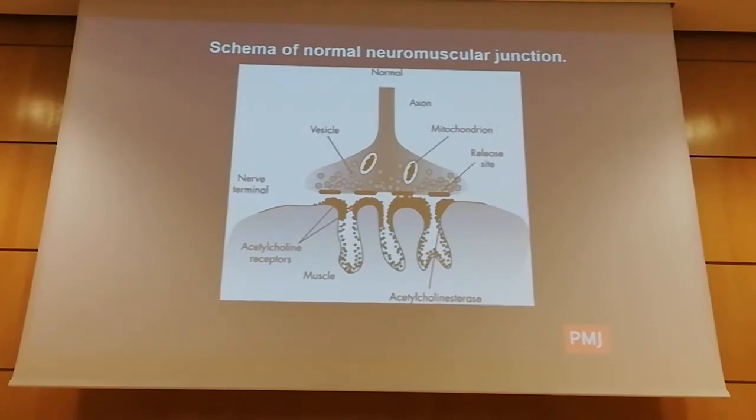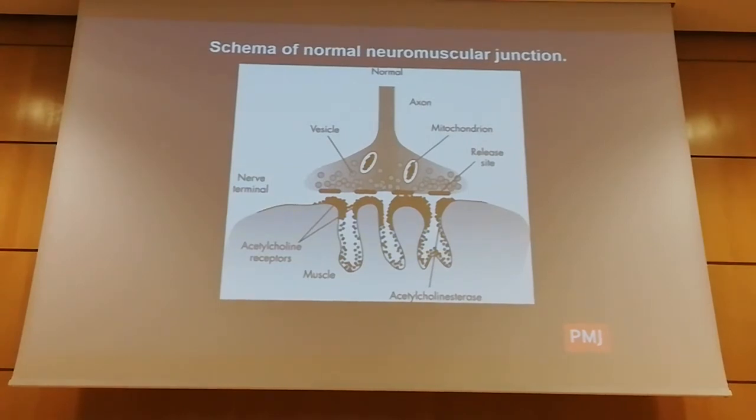All right, and where does the calcium come from? From the sarcoplasmic reticulum. Right, but there is something called calcium-gated calcium. What is it? I'm asking you, where does the calcium come from?